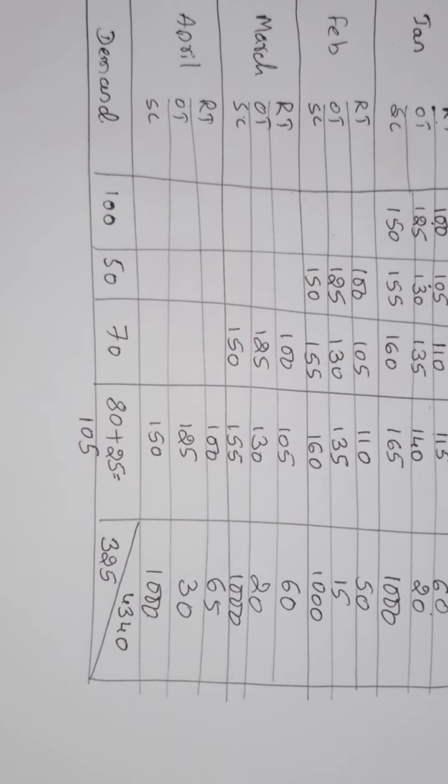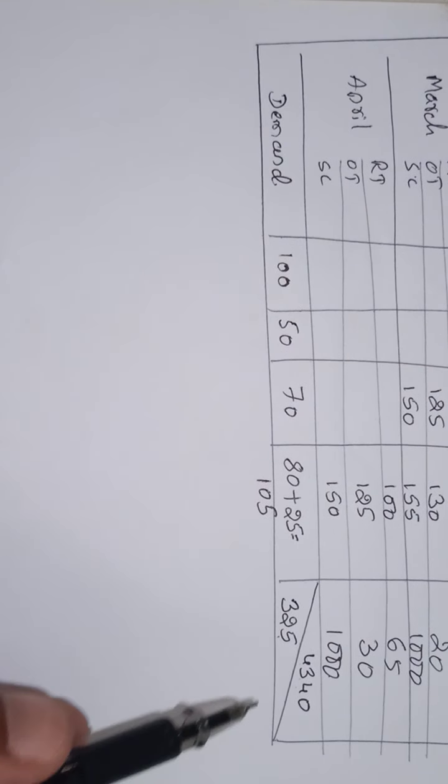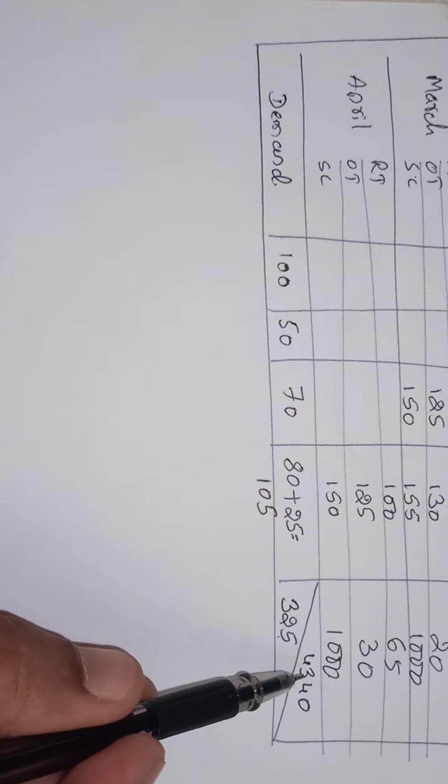So before solving this problem, you should check whether supply is equal to demand or not. If supply is not equal to demand, then we cannot solve the problem. For that reason, you should make supply and demand equal.